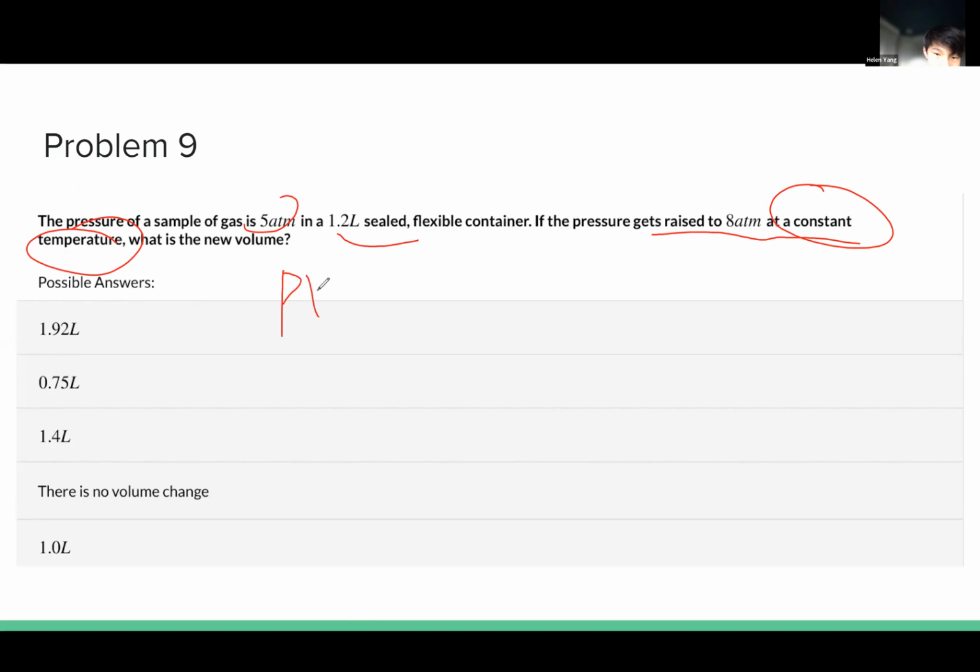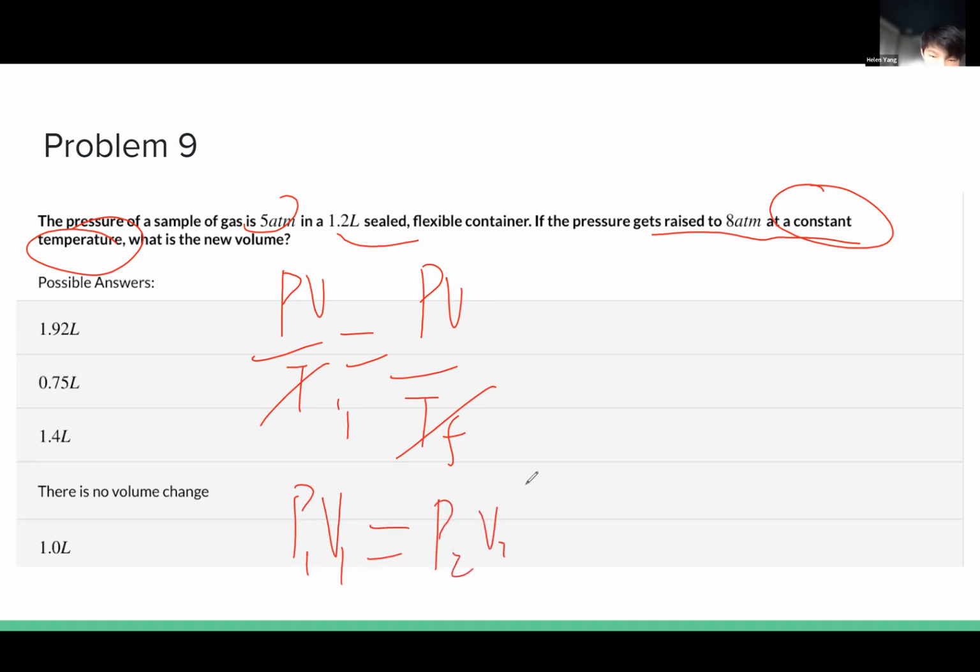So using the equation from before, the initial and final. Since the temperature is constant, we need a way to get rid of that. So it'll be P1 V1 is equal to P2 V2. Since we're given that the first pressure is 5 atm, so it's 5 times 1.2 is equal to the second pressure, which is 8 times V2, the new volume.